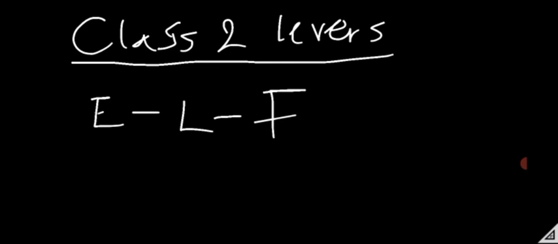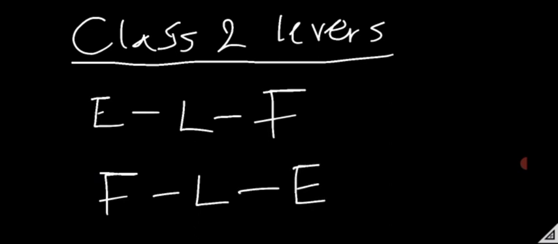So when we have the load in between effort and fulcrum, then we know that it is a class 2 lever. Or we can have fulcrum first before the load, before the effort. But in this case, what is at the middle is the load. This type of configuration is a class 2 lever.